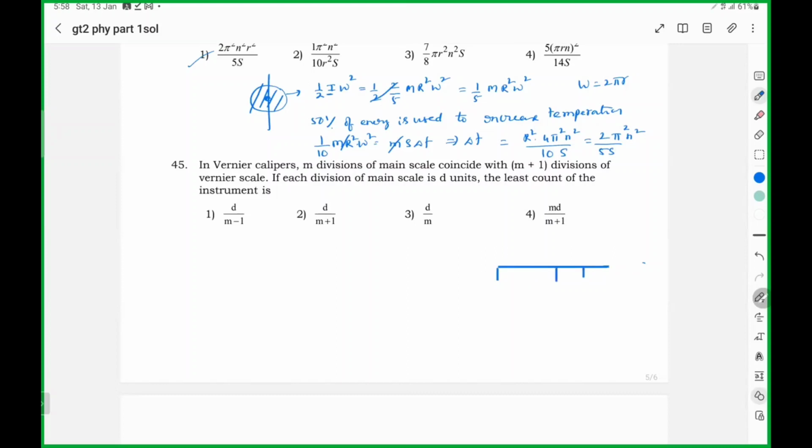And m divisions of the main scale coincide with m plus 1 divisions of the Vernier scale.